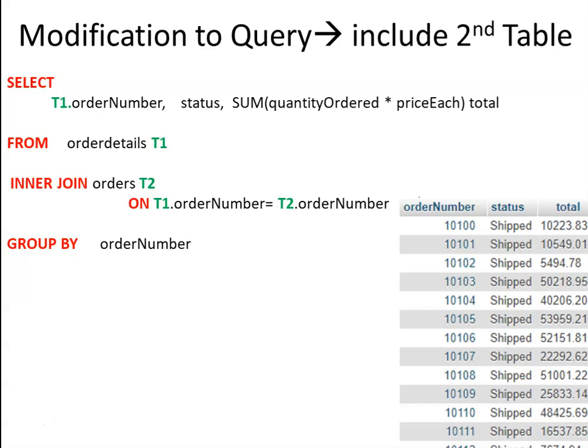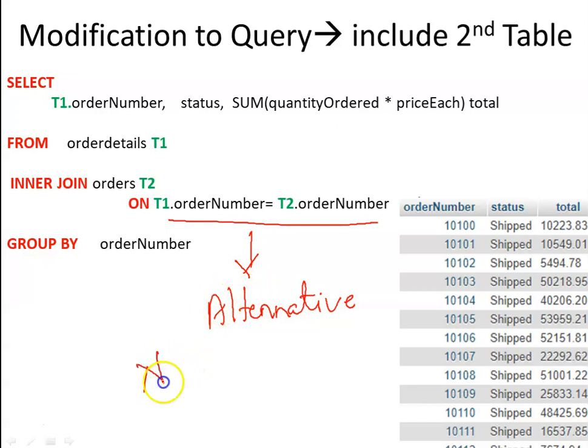The obvious question is, why do we have to specify the join condition? Is the join condition really necessary in this case, or do we have any other alternative? If you remember, in relational algebra we use something called a natural join. This natural join was used in those conditions where the attribute name was the same in both the tables.